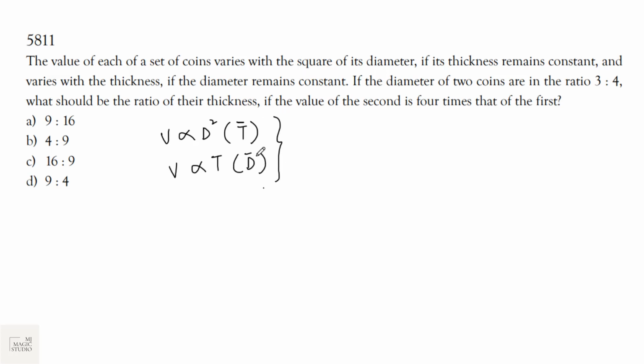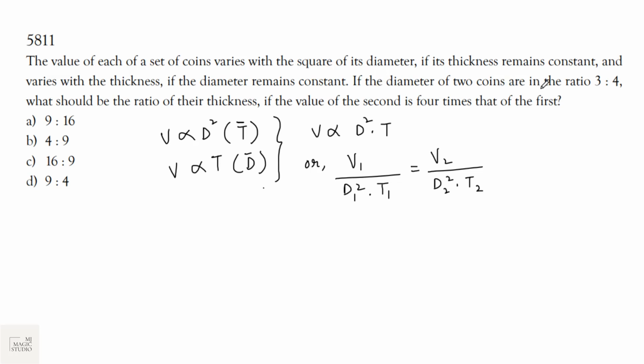Now, if both thickness and diameter vary, we can write this as V1 by D1 square into T1 equals V2 by D2 square into T2.